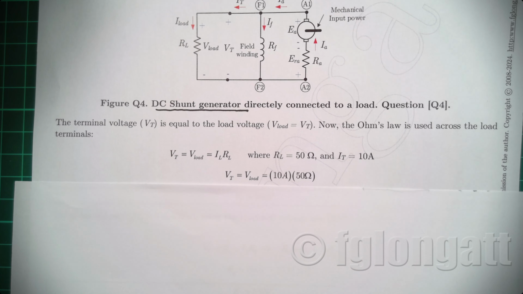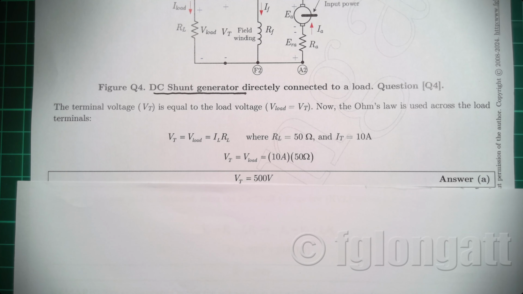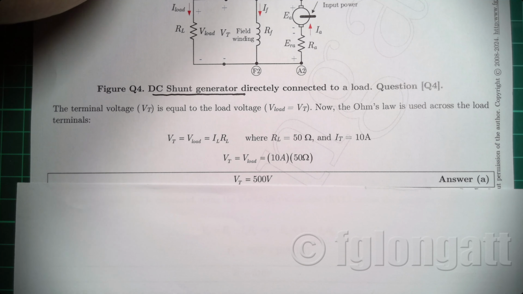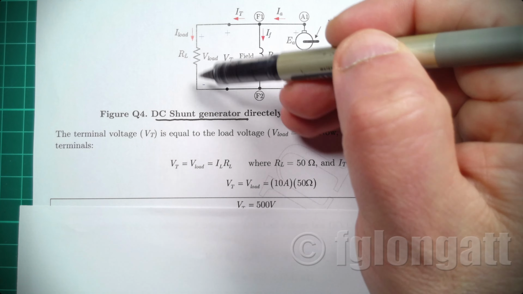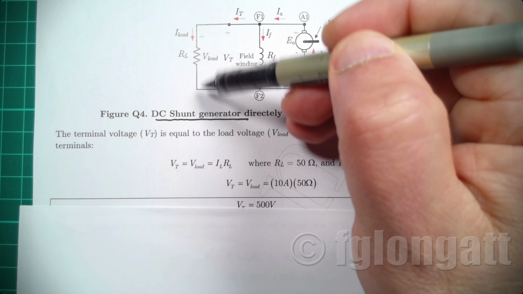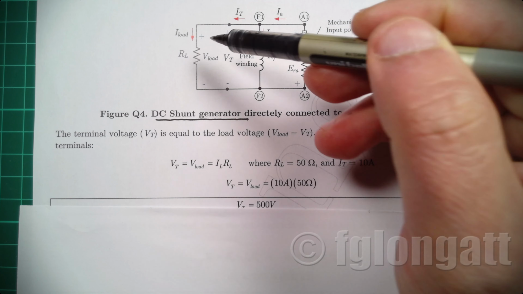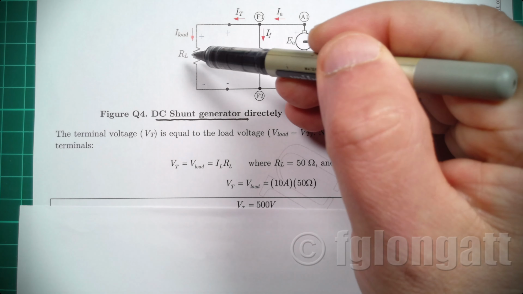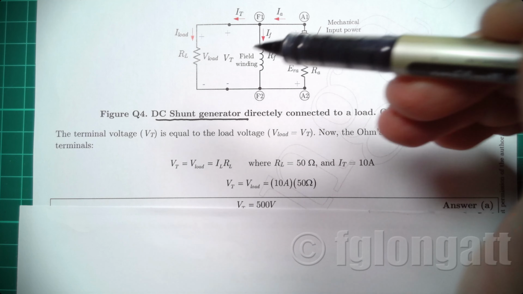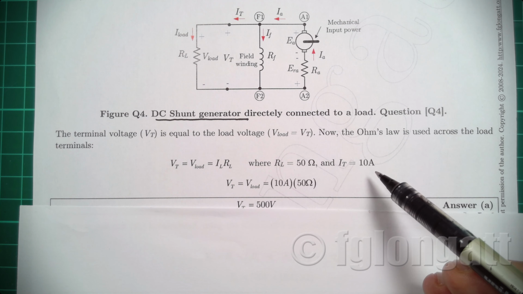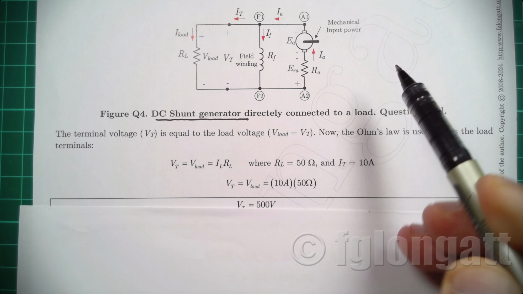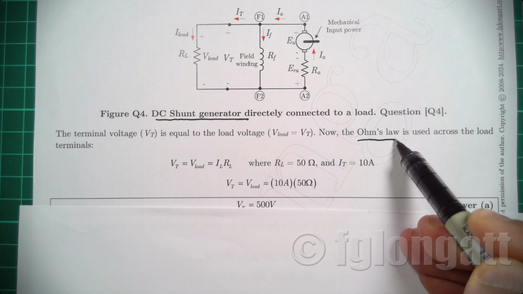To be honest, the first step is very simple. If we know the terminal voltage is the same voltage applied to the terminal of the load, and the resistance is this 50 ohms, and the current is 10 amps, we apply just the very simple Ohm's law.